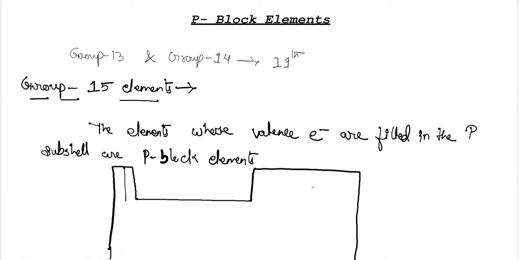The first two groups are known as s block elements, these are termed as d block elements, and this is your p block element. So the p block elements have the last electrons filled in the p subshell.